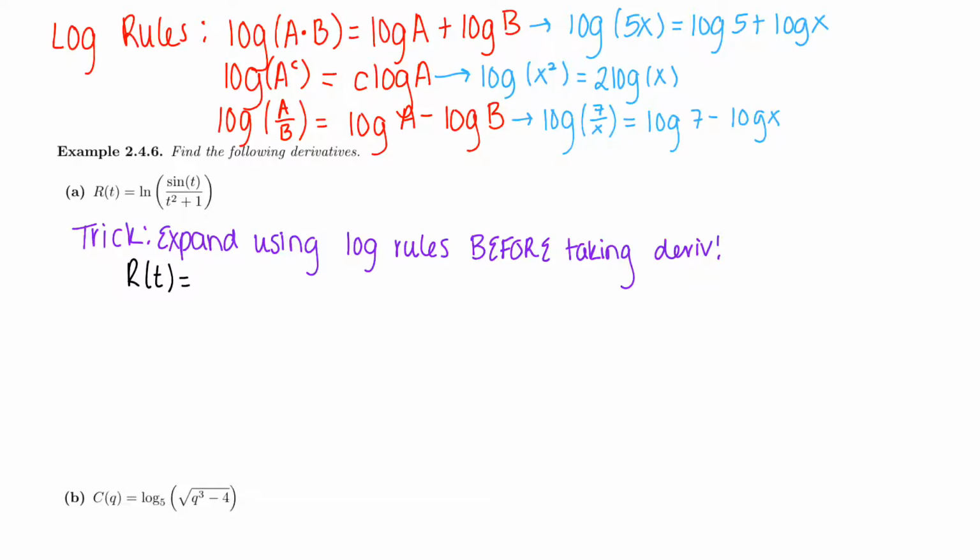This is division on the inside, so I can split it into subtraction on the outside. So I have ln of sine t minus ln of t squared plus 1.